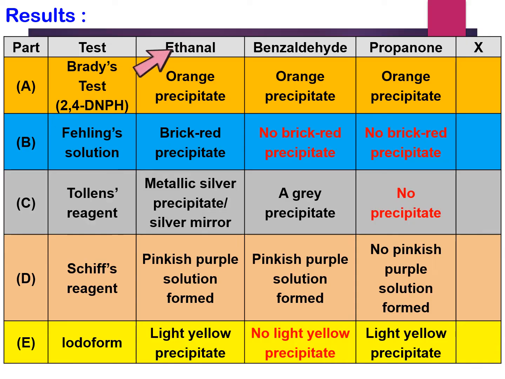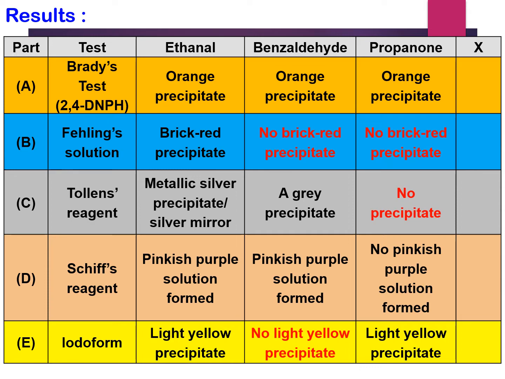We have 4 organic compounds, which are ethanol, benzaldehyde, propanol, and compound X. For the first test, part A, which is Brady's test, also known as 2,4-dinitrophenylhydrazine, all these compounds of ethanol, benzaldehyde, and propanol will show us orange precipitate.